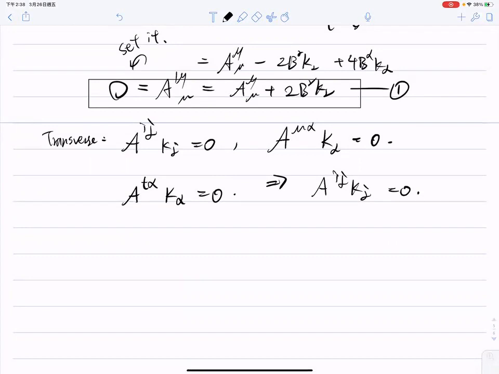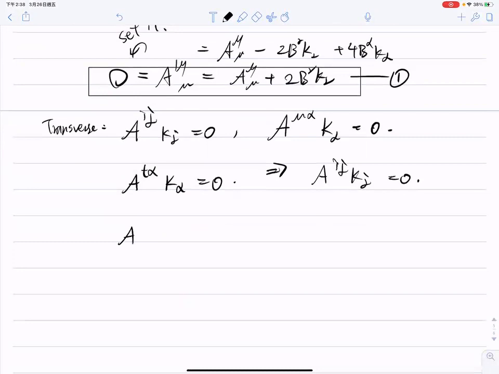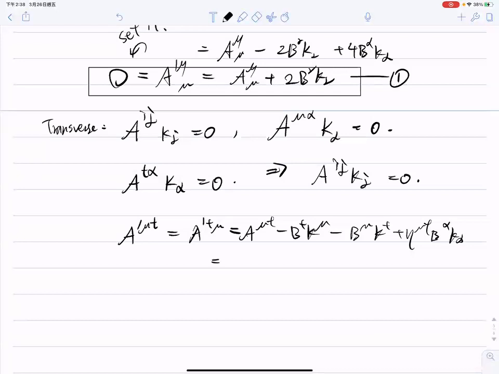Which we calculate, the A prime t equal to A t mu and equal to, finally we have such a condition.